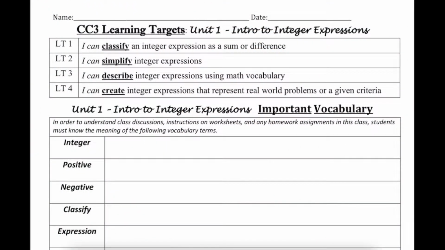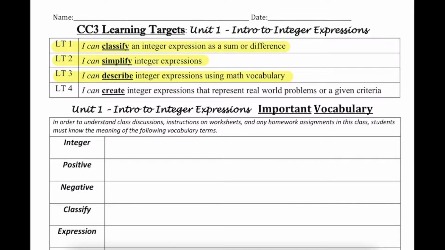Before we get into today's lesson, let's take a look at our learning targets. Learning target 1: I can classify an integer expression as a sum or difference. Learning target 2: I can simplify integer expressions. Learning target 3: I can describe integer expressions using math vocabulary.